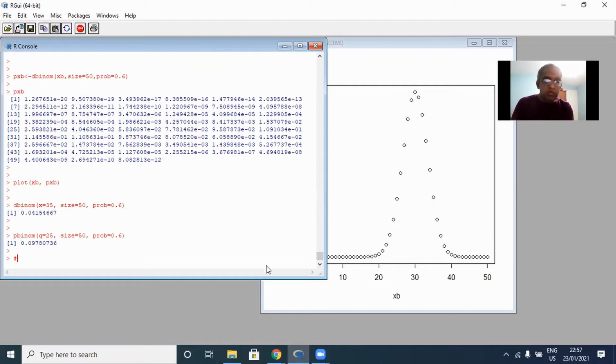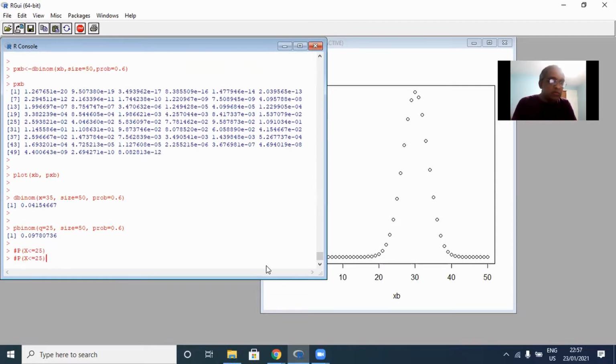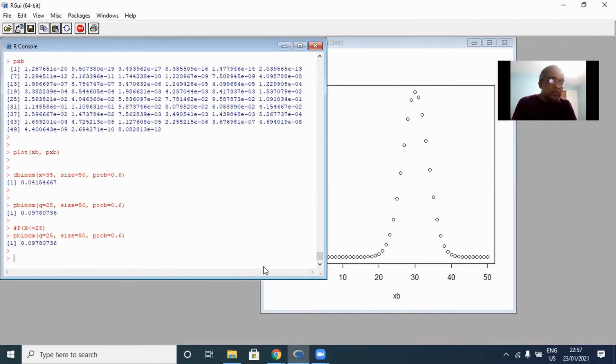Let me add a comment. What I have written above is the probability that x is less than or equal to 25. So this number here, 0.097, etc., is the probability that x is less than or equal to 25.